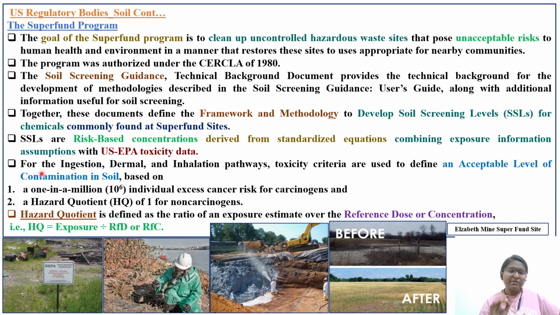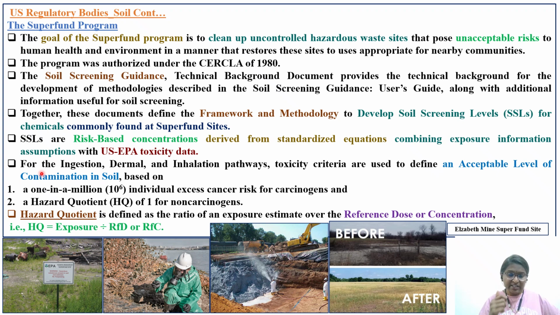And also read about hazard index. Hazard index is nothing but this: if you are in a certain place, you are not just getting exposed to a single chemical molecule. Always in the real-time scenario, you will be exposed to a mixture of chemicals. So hazard index is the measurement tool with which you assess the risk.